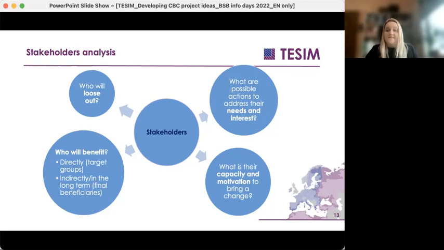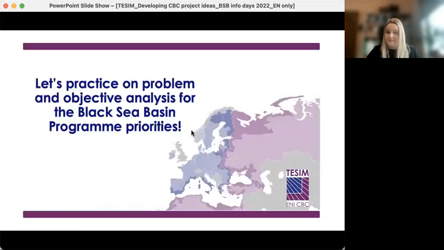And the whole exercise is then summed up in the final slides that you will have in the presentation. And I kindly invite you to go through these steps together with your partners and practice on your own idea. It will be a very good exercise for you all and will lead to a better clarity of what the problem that you address in your project is and what are the best ways to solve it.